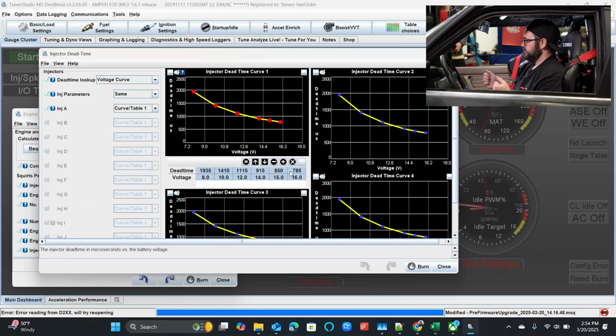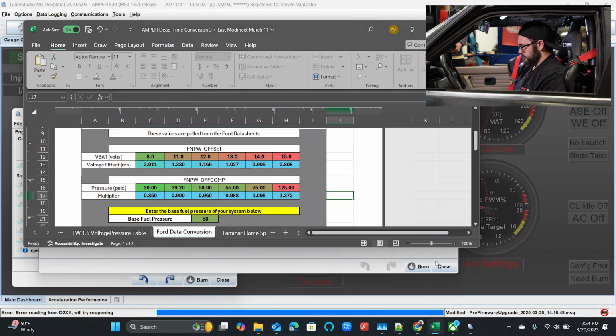Now you will have to have some data for your injectors for the spreadsheet to work. These injectors are Bosch 52s. However, they're from Ford Racing, so it's a MU52 injector. So I go to the Ford Racing website, I grab that data, and I put it into our spreadsheet. Here on our spreadsheet, we've got a tab called Ford Data Conversion.